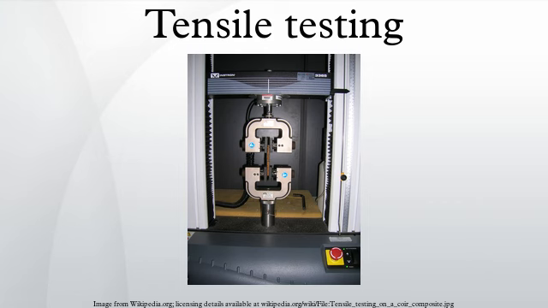Flexible materials: ASTM D828, standard test method for tensile properties of paper and paperboard using constant rate of elongation apparatus; ASTM D882, standard test method for tensile properties of thin plastic sheeting; ISO 37, rubber, vulcanized or thermoplastic, determination of tensile stress-strain properties.